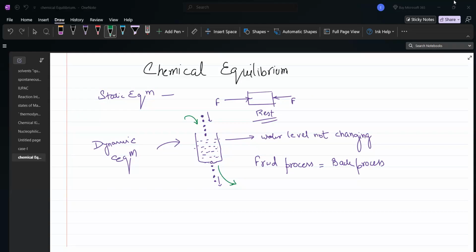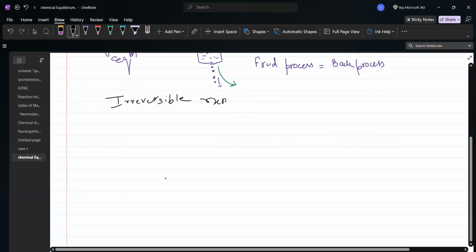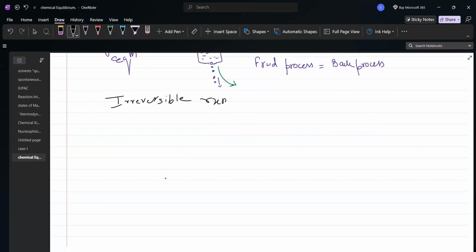ठीक, तो अब देखिए दो तरह के रिएक्शन होते हैं, रिवर्सिबल रिएक्शन और इरिवर्सिबल रिएक्शन, राइट? सो इरिवर्सिबल रिएक्शन, अब इरिवर्सिबल रिएक्शन में क्या होता है, आप सबको पता है, मींस like the reaction will go in a single direction and it will never come back, right?